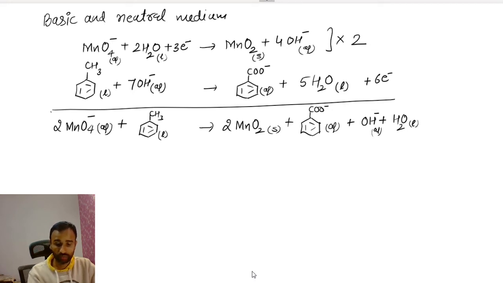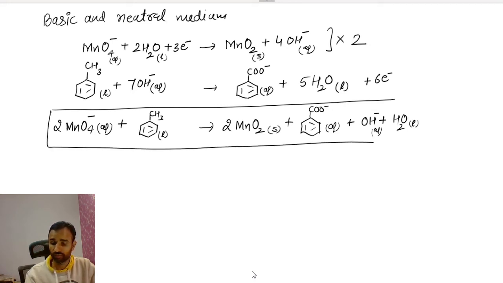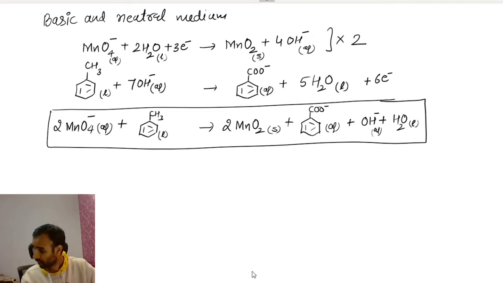So total negative charge on both sides is balanced, means this is the balanced chemical equation. Toluene plus 2 MnO4 negative gives 2 MnO2 plus benzoate ion. Okay, this is benzoate ion. So these are the equations, first in the acidic medium and second one is in the basic and neutral medium.